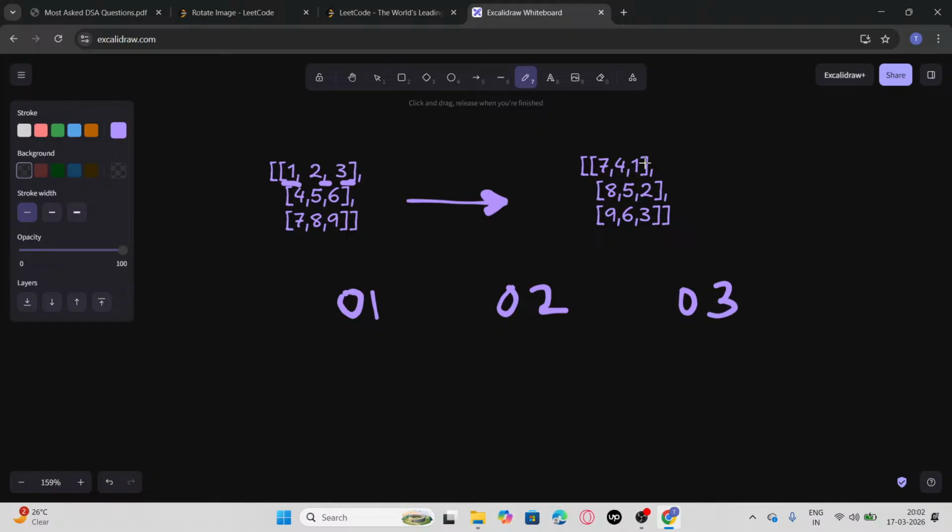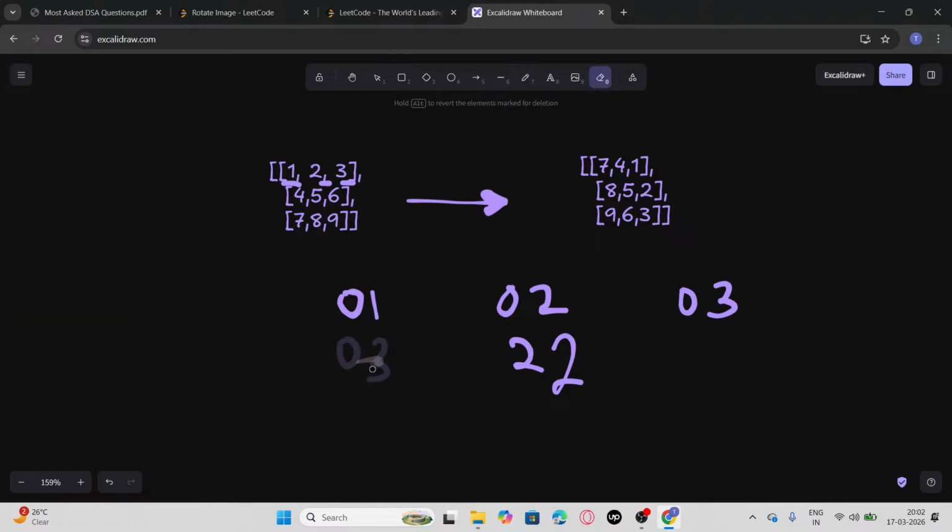What happened with those? That became in third row, and that is 0 3, 2 3. Oh, there is no 3 actually.